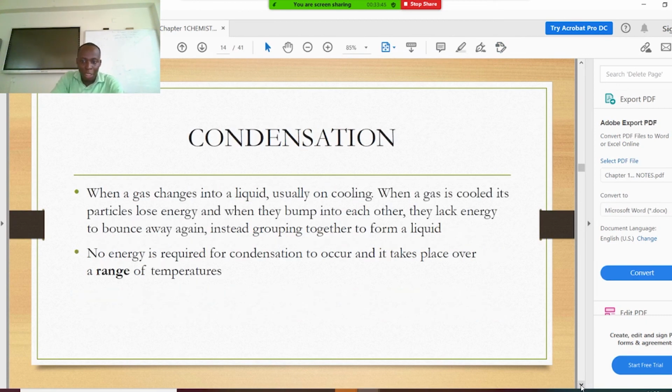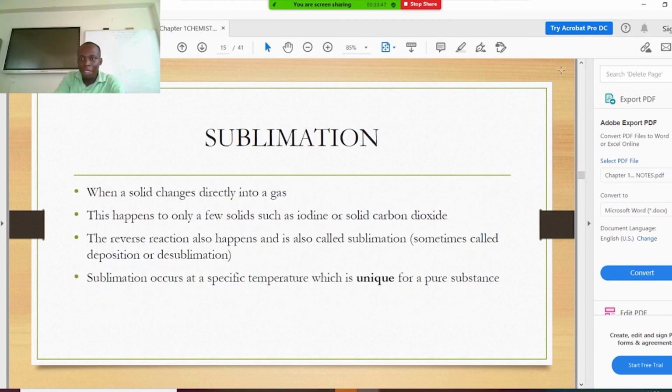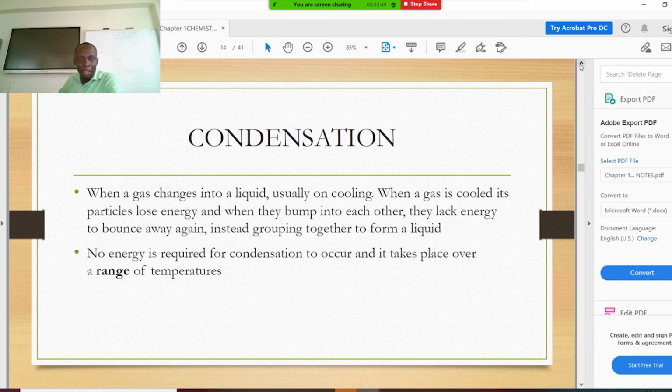And then we come to condensation. Condensation, basically, you're looking at change of state from gas into a liquid. When a gas comes into contact with a cold surface or lower temperature, the gas cools down, the particles lose energy, and they bump into each other.